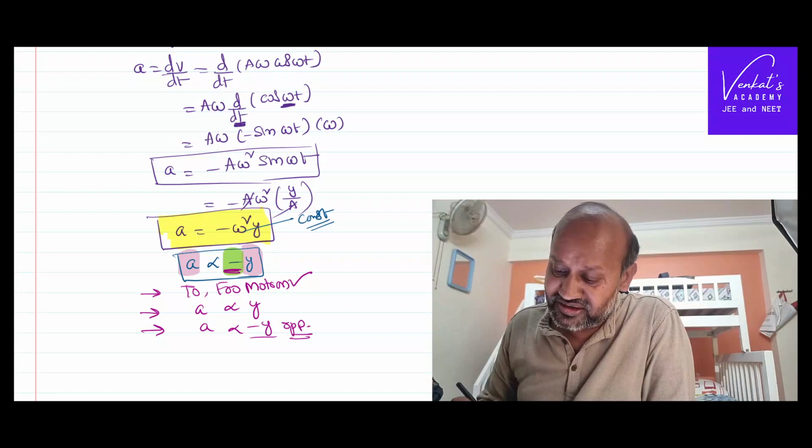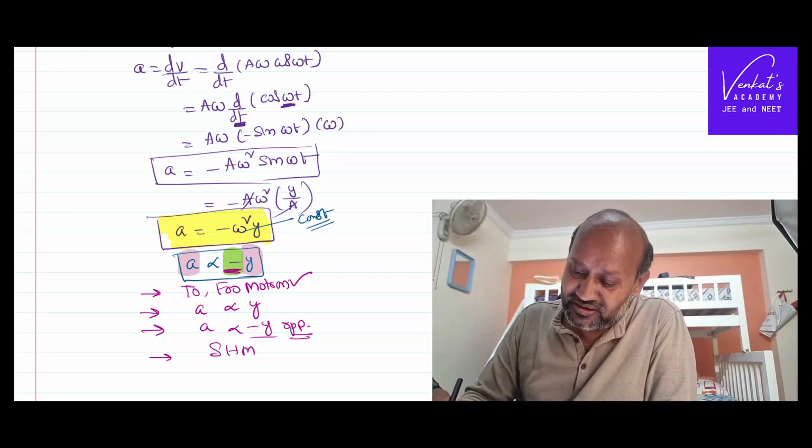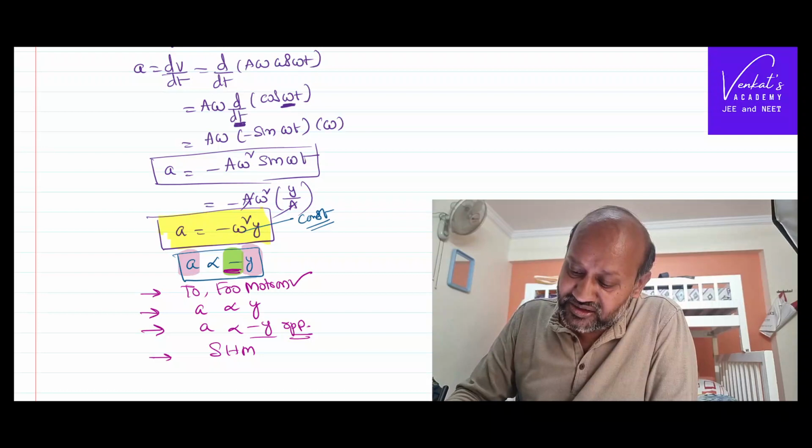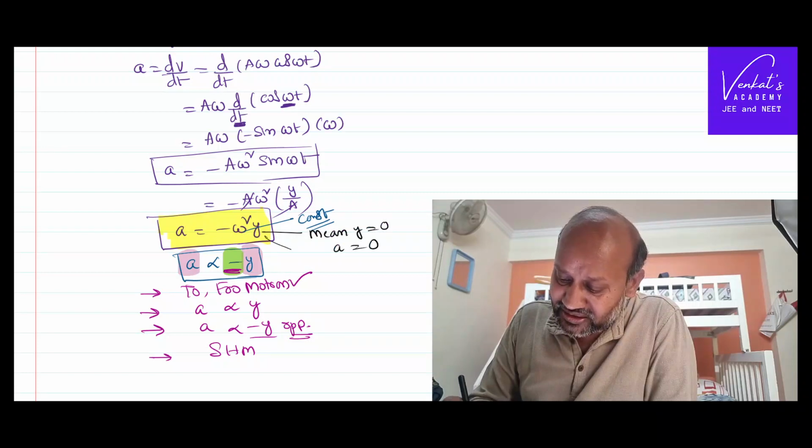As all three conditions are satisfied, the vertical projection of a uniform circular motion can be proved as a simple harmonic motion. That's the meaning of a simple harmonic motion. Acceleration shall be directly proportional to displacement, and both of them shall be in opposite directions. As we got a equal to minus omega square y, we can write that at the mean position displacement is zero and hence acceleration is zero.